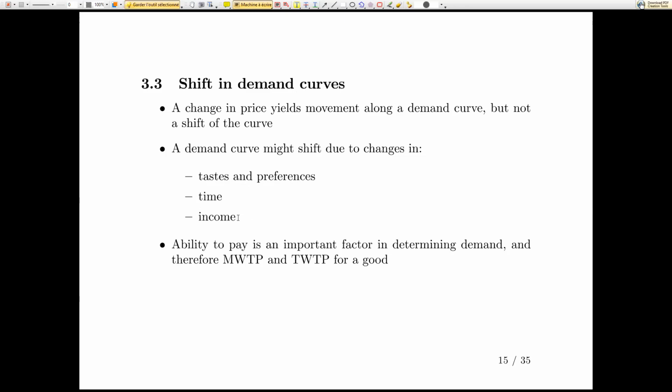Income makes total sense. So yeah, if it's a normal good, more income. Oh yeah, maybe that's what I meant, I should have explained more. Yes, based on, for example, the season. Like for example, now it's orange juice.